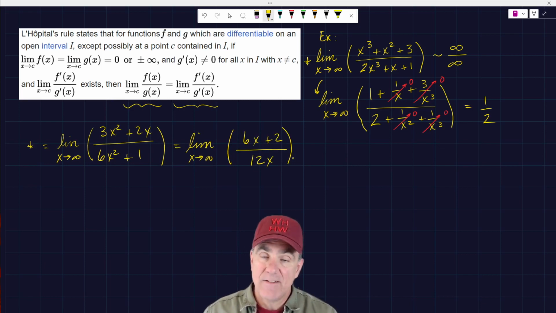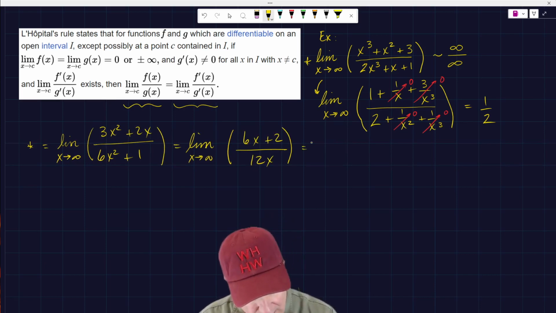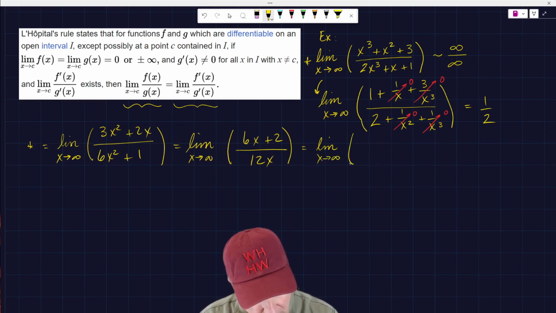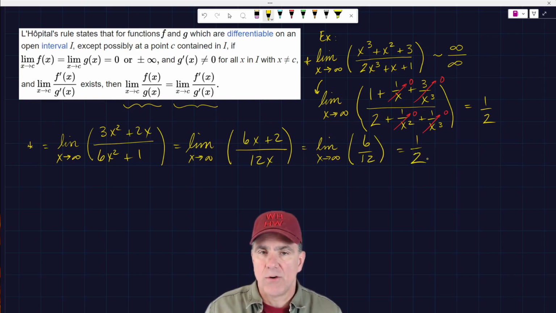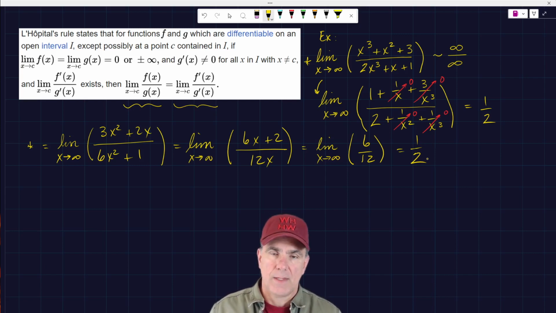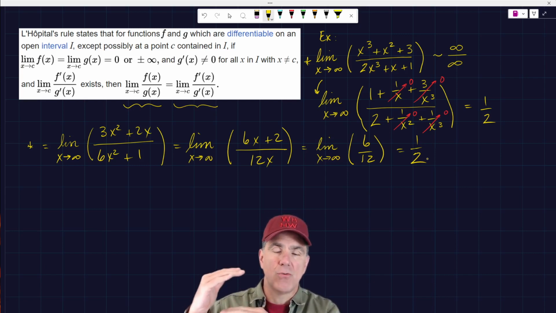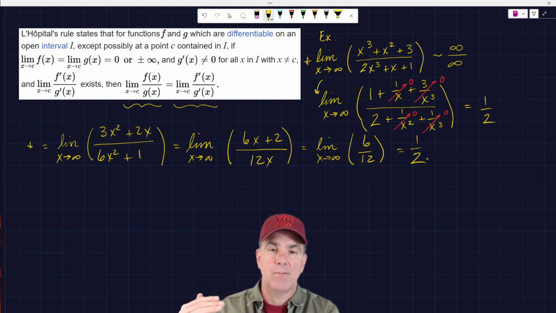And again, it's infinity over infinity, so I end up with the limit as x goes to infinity of, taking the derivative one more time, 6 over 12, which of course is just equal to 1/2. The answer has to be the same because it was correct the first time around. This is L'Hopital's rule. It tells us that the ratio of those derivatives gives us the same limit.